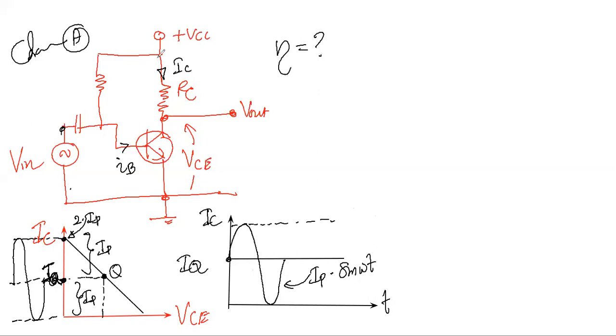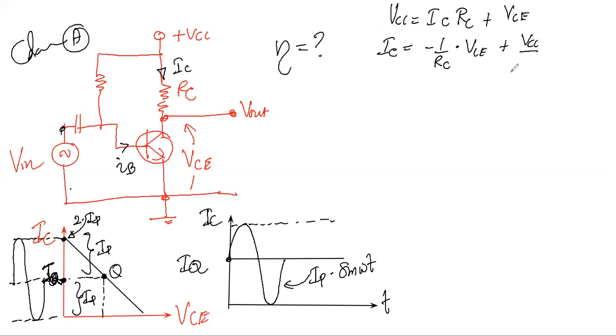By considering these two terminals, I can write VCC equals IC RC plus VCE. Then you can get the load line: IC equals minus VCE divided by RC plus VCC divided by RC. We have proved this previously. So this is the equation for the load line.